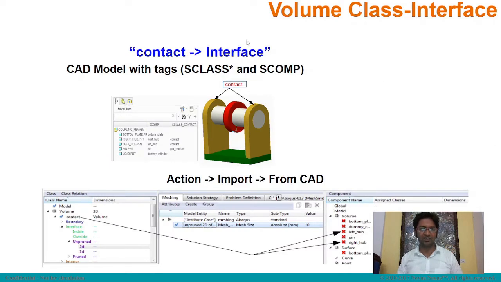Let's say contact is my volume class, and that is assigned to these two parts, that is left hub and right hub, and the analyst has used the interface of contact for specifying the attribute. So let's see how the attribute gets transferred to the geometrical entity in the simulation model.